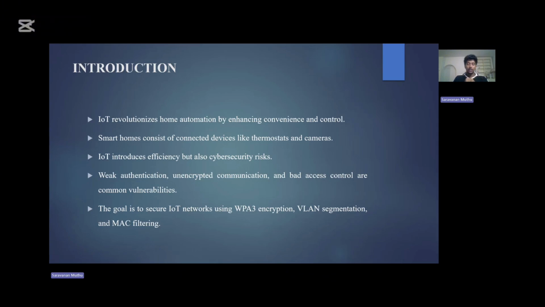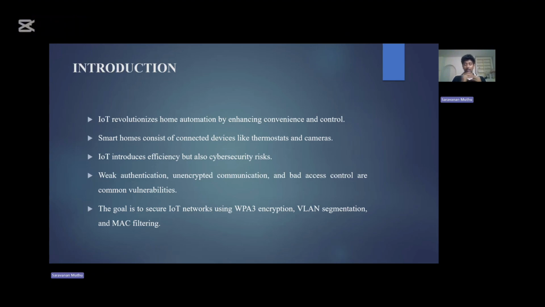So moving on to the introduction, as we all know, the IoT or Internet of Things has transformed home automation. Devices like smart cameras, thermostats, and light systems made life so much easier, but they also introduced major risks. The risks may be weak passwords, unencrypted communications, and flat networks, which make it easy for attackers to gain access.